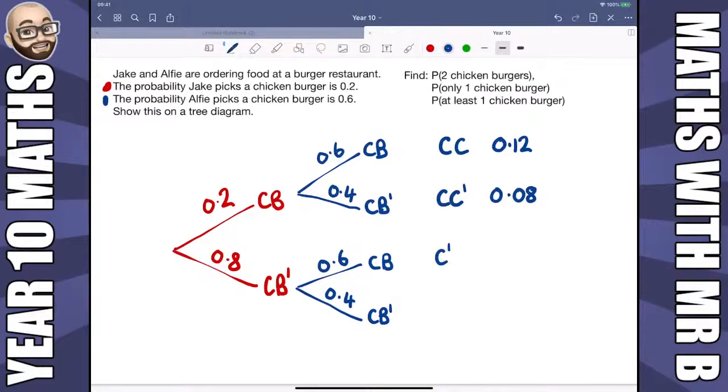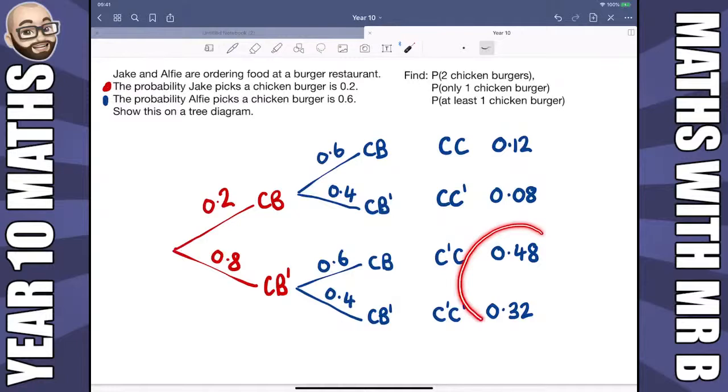This is not a chicken burger, but the second person buys one, so if I times them together, I get 0.48, and the last one is they both don't buy chicken burgers, which is 0.32. And again, look, these two numbers here, they both add together to get that first branch. That's just something that will always happen. So there's my tree diagram done.